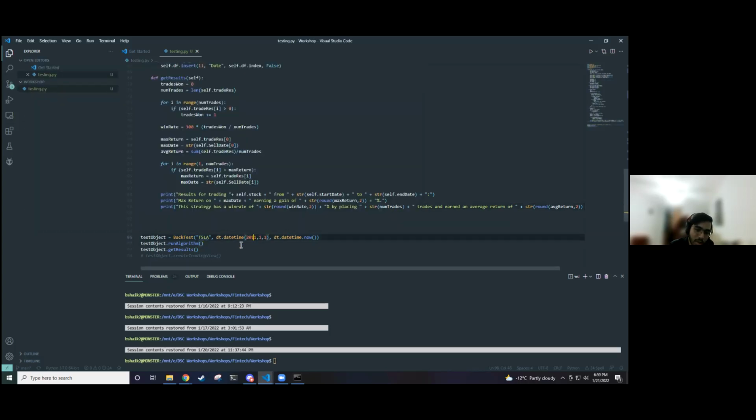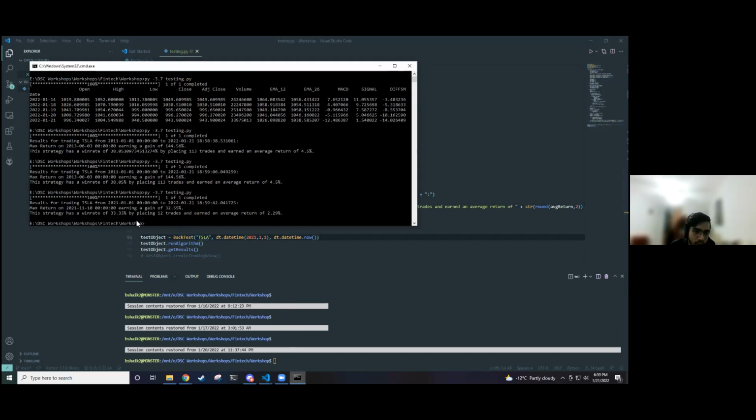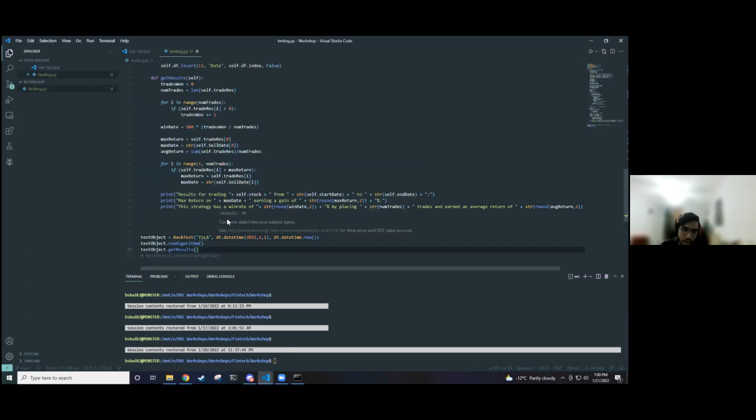But let's change the timeline a little bit, from 2021 to now, and see how that changes. And as you can see, the win rate has decreased a little bit, and you place way fewer trades throughout the year, just because we're going on a day-to-day basis, and there aren't many windows that it closes and opens on. So that's how the return is panning out for that.